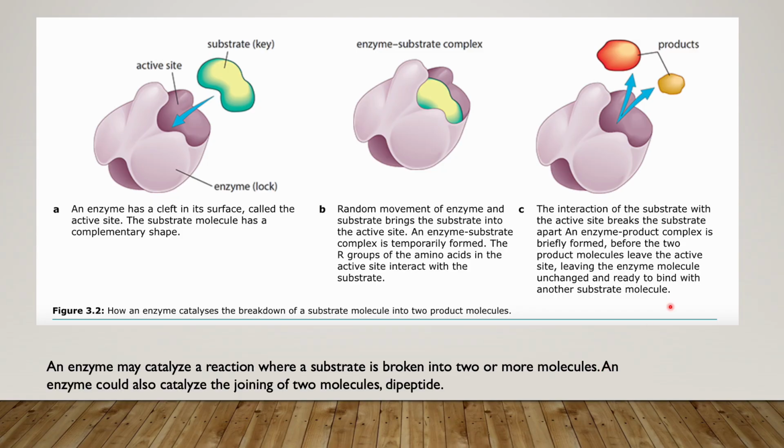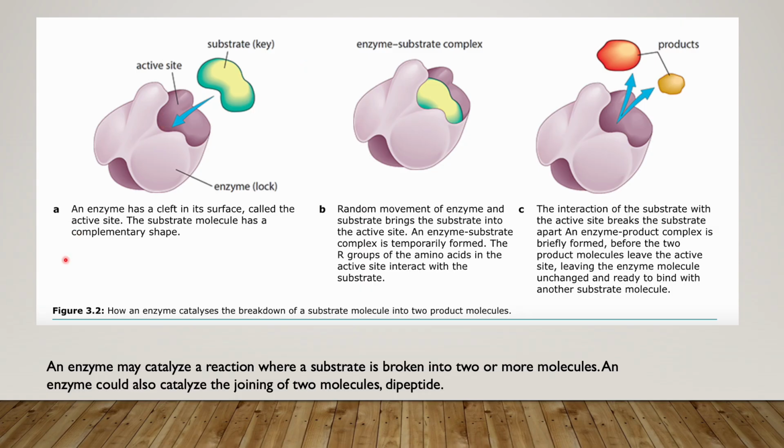An enzyme may catalyze a reaction where a substrate is broken into two or more molecules. An enzyme could also catalyze the joining of two molecules together, like in the example of a dipeptide. Looking back at our picture, we have our enzyme and our substrate.